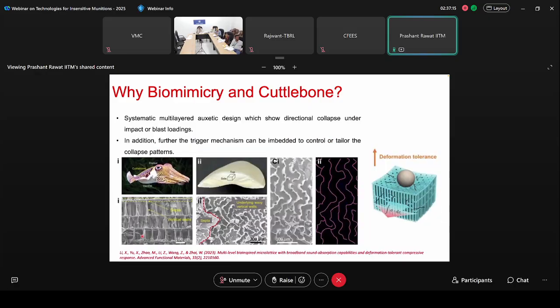This is the literature survey which has been done previously by very few groups, where they have characterized the bone's specific parameters and investigated the cross sections. They have investigated the pillars and the fundamental aspects of the design of the bone, so that they can show that this auxetic structure can perform better than conventional existing designs.